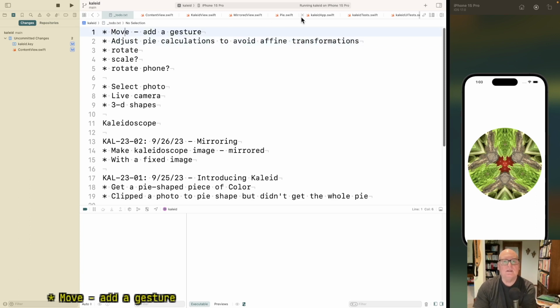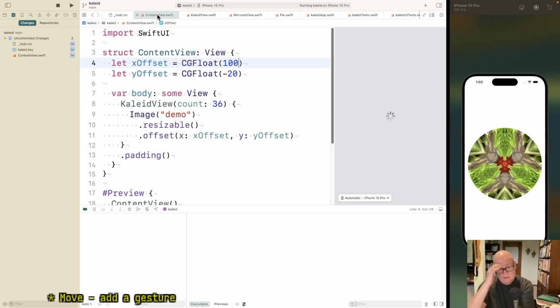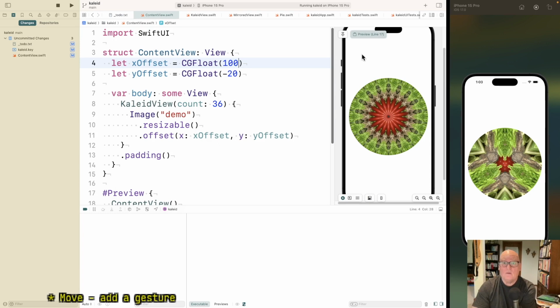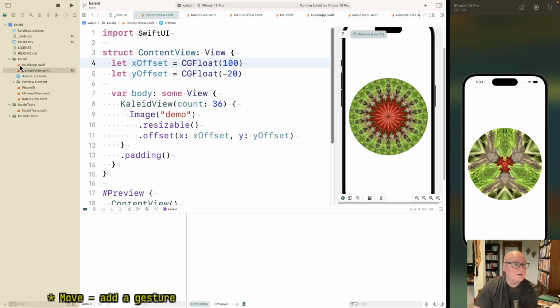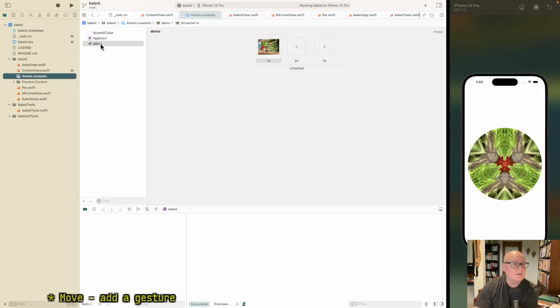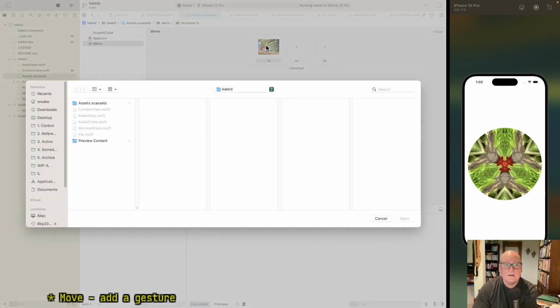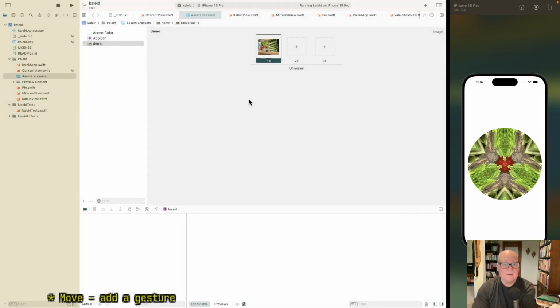Now movement, we put something in already, this notion of x offset and y offset. So they tell you from the original picture, let's get that out here. Assets. Well, I don't know if I can. All right, we'll do it this way.